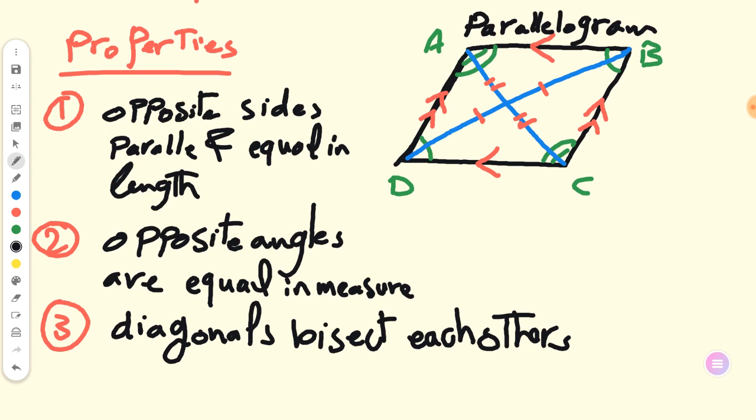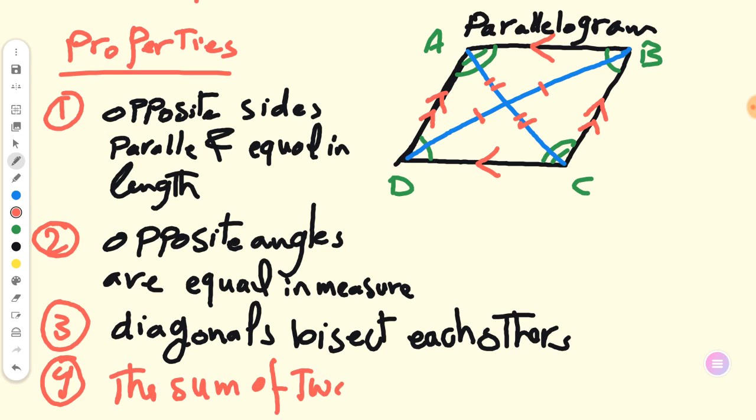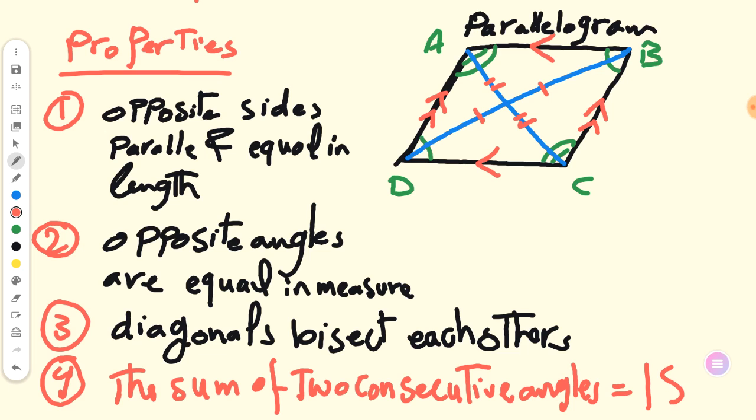Fourth, the sum of two consecutive angles equals 180 degrees. What is the meaning of consecutive?